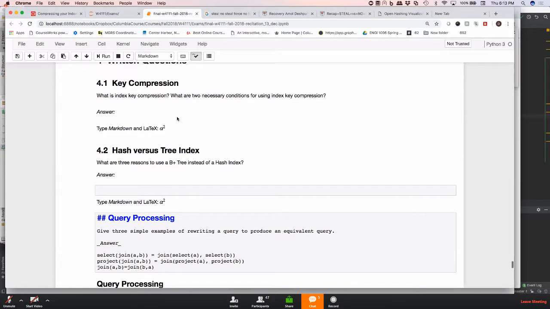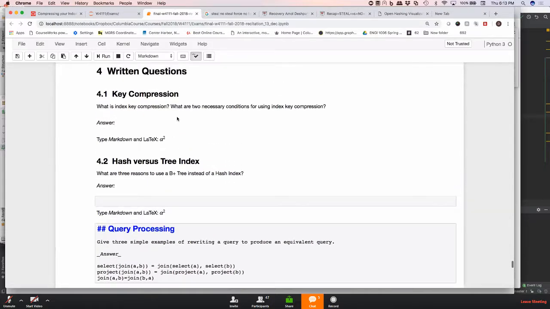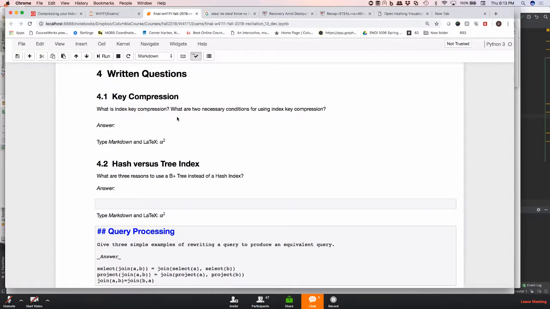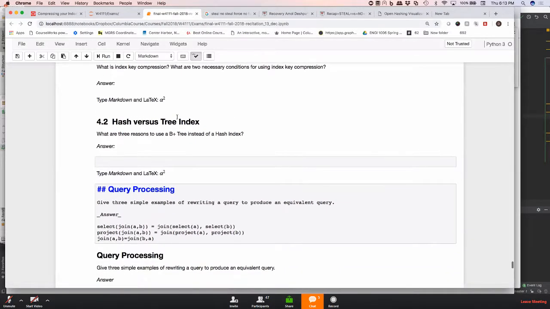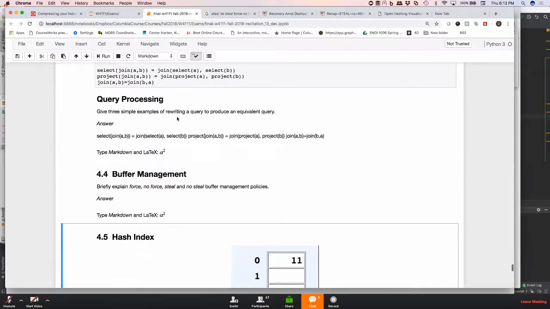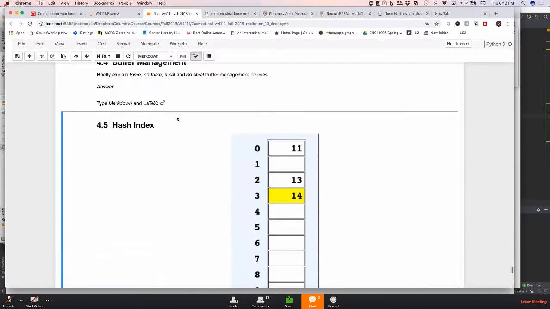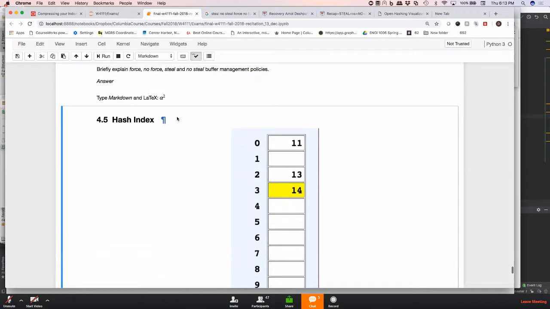So if you can figure out a way to mix key compression and sort merge join into your job interview, these are just kind of things that are going to come up, because I could have asked you a dozen questions in a blue book, but even I don't remember this stuff most of the time. You can see, like, how does hashing work? I don't know. I could find a hash simulator. That's why God invented the internet.